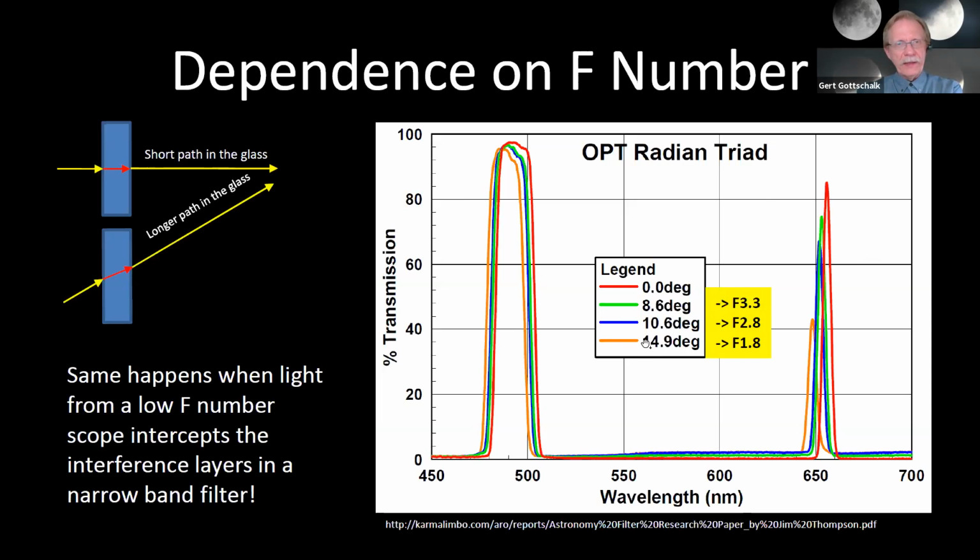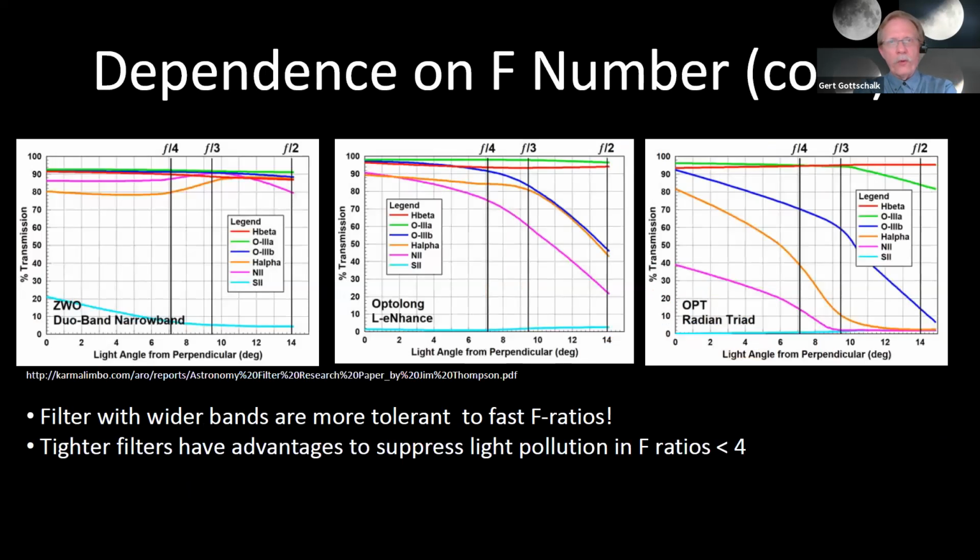And you translate that into transmissions for your different desired spectral wavelengths. You find that, for example, this here is a simple dual narrowband filter, where your sulfur is out of the picture anyway. But at f2, you're starting to see that some lines here of nitrogen are no longer at peak transmission. They go down. You see it even more strongly here with the L-enhanced filter and the OPT Radiant.